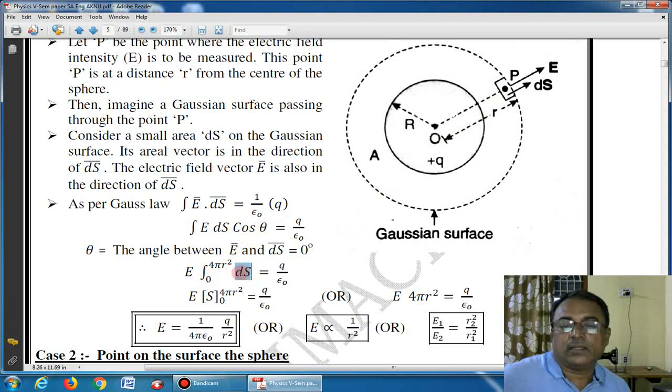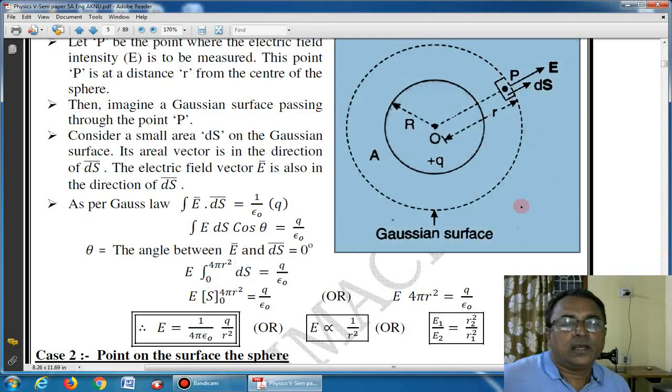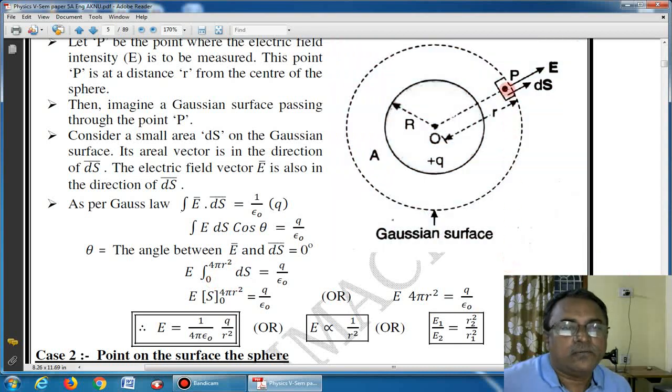So integral ds. When we are integrating this ds, we have to give the limits of integration. Limits means the lower limit and the upper limit. The lower limit means what is the area when we took a very small area. Very small area means it is in point size. If that area is in point size, then its area is 0. That is the lower limit, lowest value.